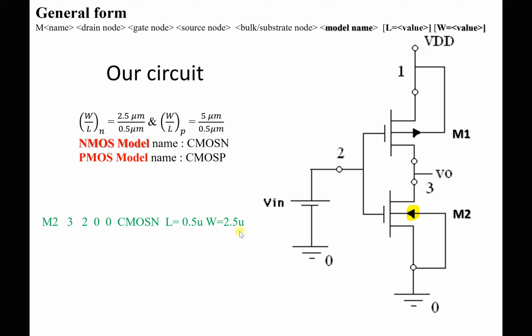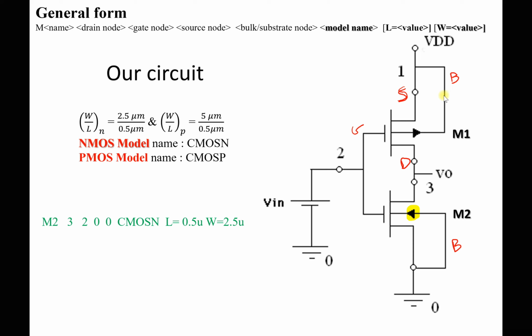Next, I want to define the PMOS transistor. For the PMOS transistor, the source is usually at the top and the drain is at the bottom of the transistor. So for PMOS, the drain will be at the bottom, the source is at the top. To identify the source from the drain, the source will always be connected to the bulk or substrate of the transistor.